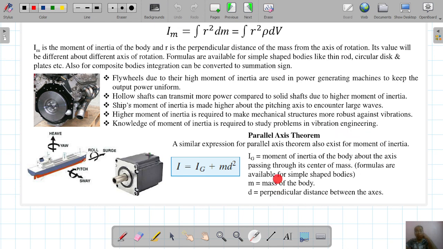Another brief reminder: you have just studied the parallel axis theorem in second moment of area. Since I told you they are very similar, you also have a parallel axis theorem in moment of inertia.